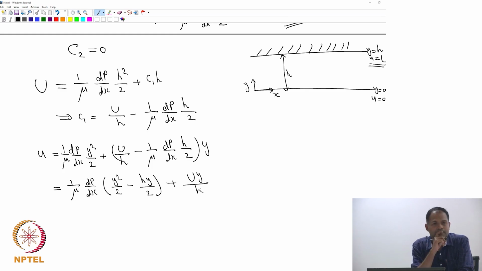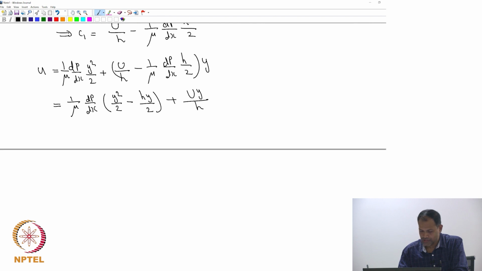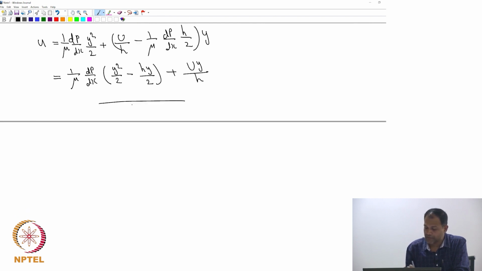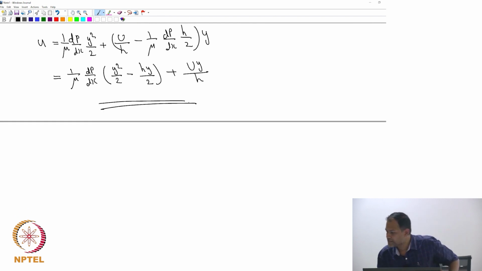Is this correct? Okay. So, that is the velocity profile in this case.